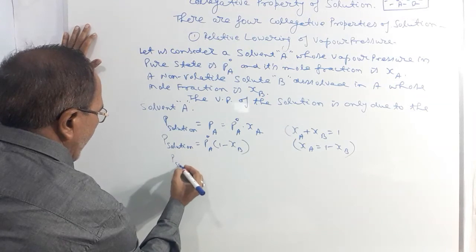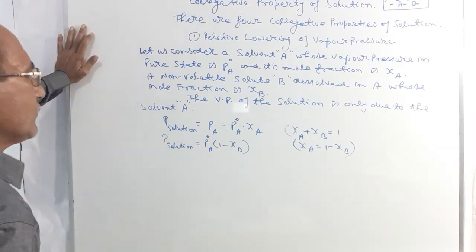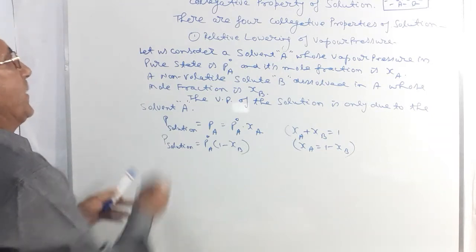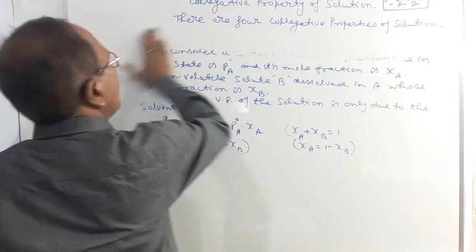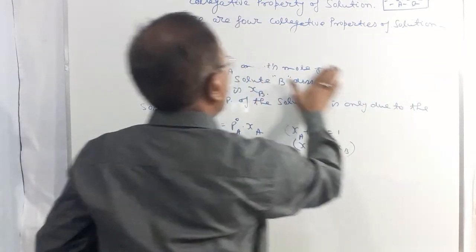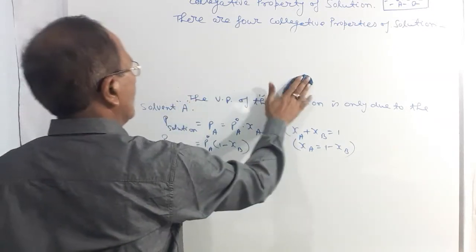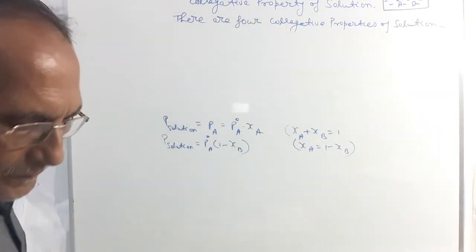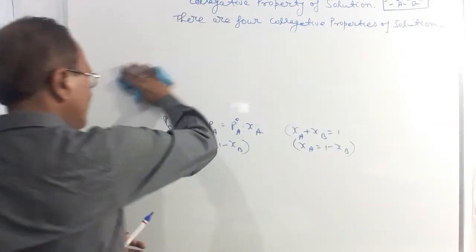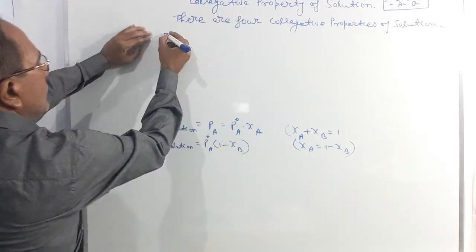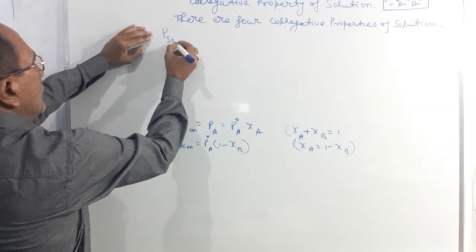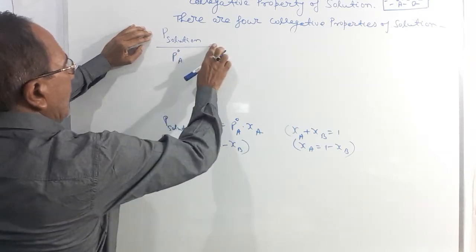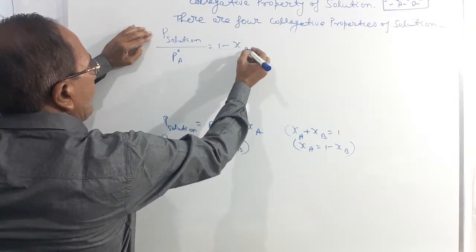We divide P solution by P naught A, which equals 1 minus XB.